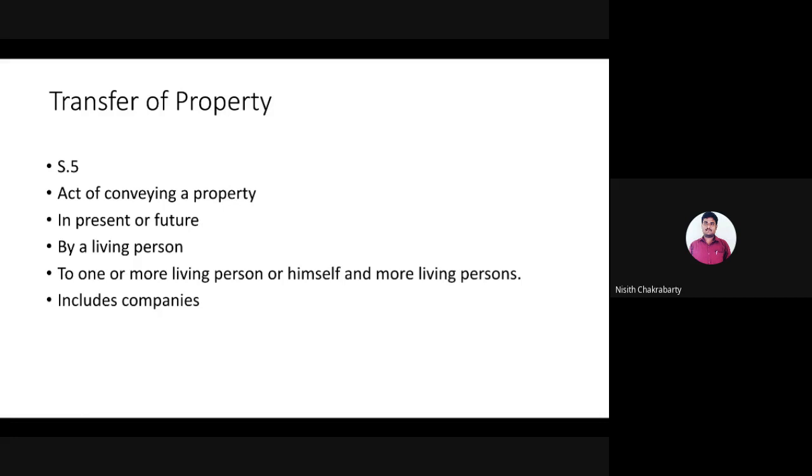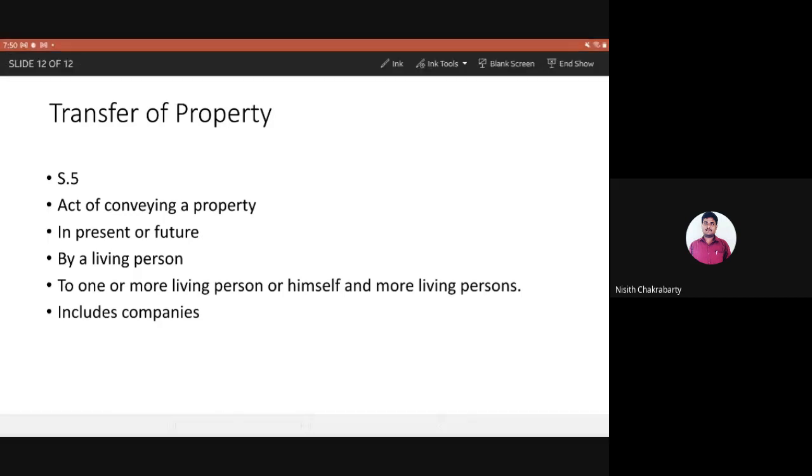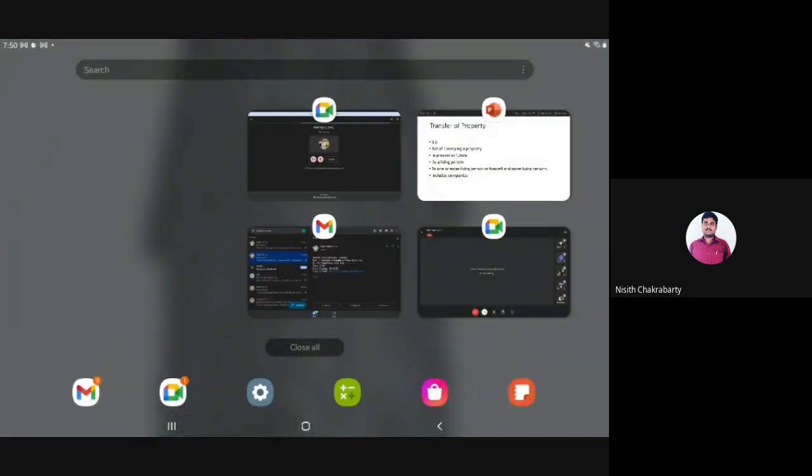All of that we'll probably discuss, transfer of benefit to an unborn person as well. We'll try to go to section 13 and section 14, which are very important. If not, maybe we'll discuss them the day after. But for now, let's conclude our discussion on the introduction to transfer of property.